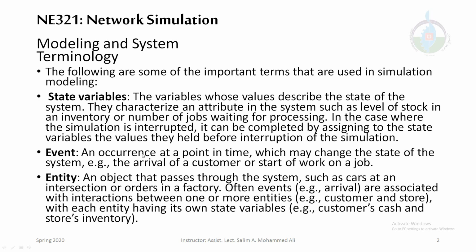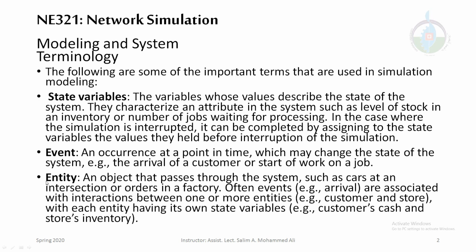If the system is stable, there is no change in some state variable, then there is no event. Event always happens when something new or a change in the system behavior is going on.